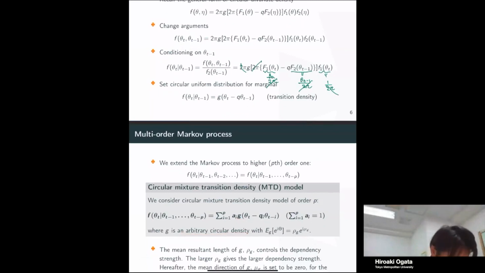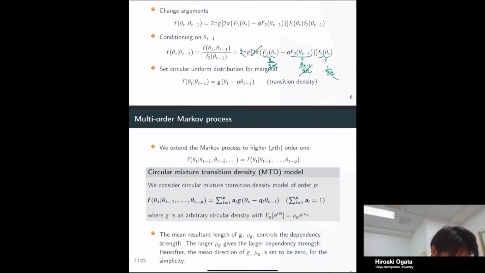The mean resultant length of g is denoted by rho Z, and the mean direction of g is denoted by mu Z. The more important one is rho Z. The mean resultant length rho Z controls the dependency strength, the magnitude of the dependency, and a larger rho Z gives a larger dependency strength.